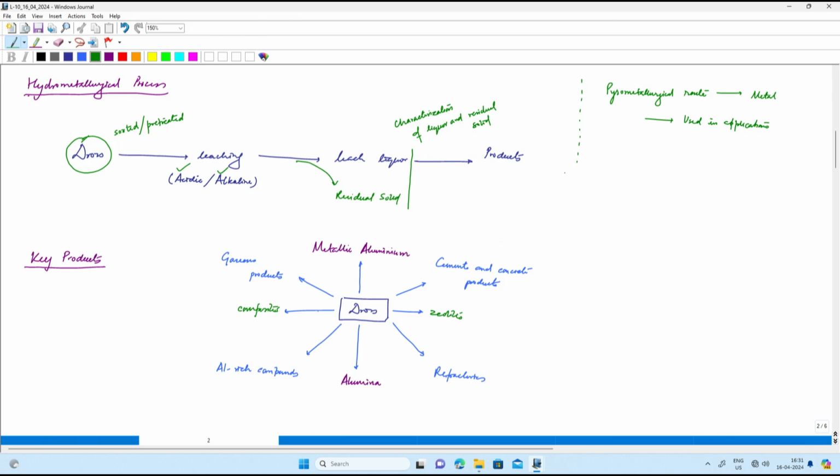So for leach liquor we can go for precipitation or crystallization based on the desired aluminium rich product. So again this is an aluminium rich product.